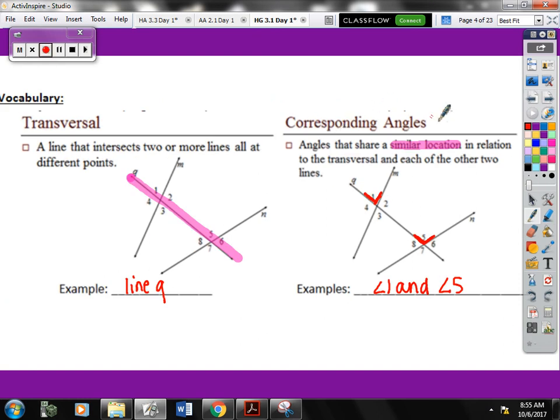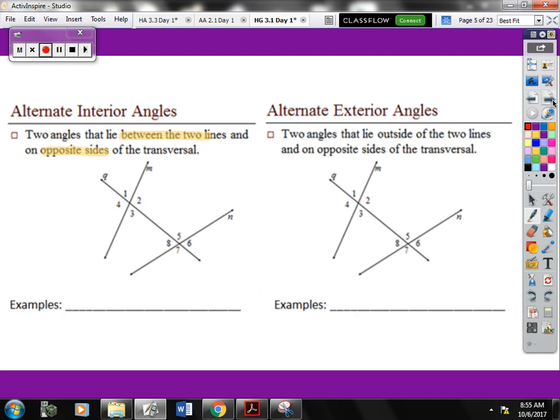Corresponding angles, you will get to abbreviate CA, so if you want to jot that down, CA, corresponding angles. Transversal, there's no abbreviation. Alternate interior would be AIA. We'll use these in our proofs eventually, so instead of having to write that out every time, AIA. So again, they're going to be inside of the lines and they're going to alternate.